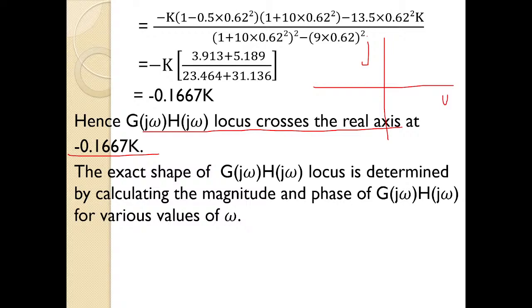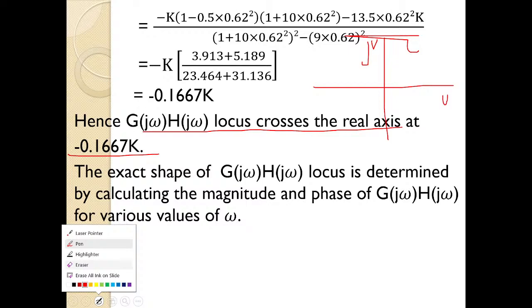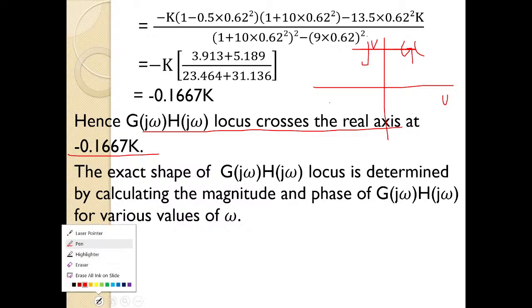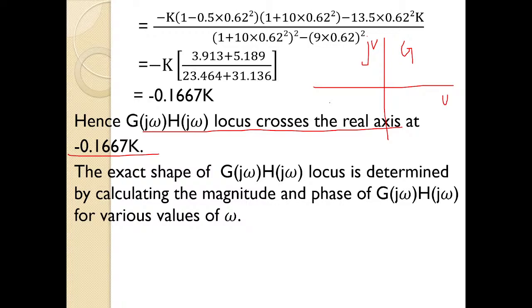This is jv. I wanted to write G of S, H of S plane.